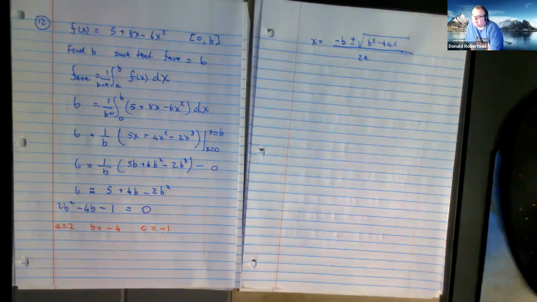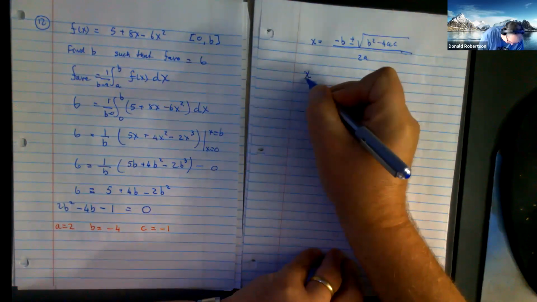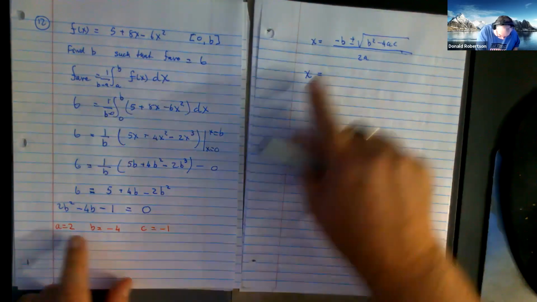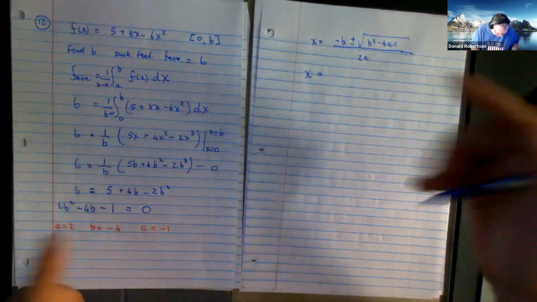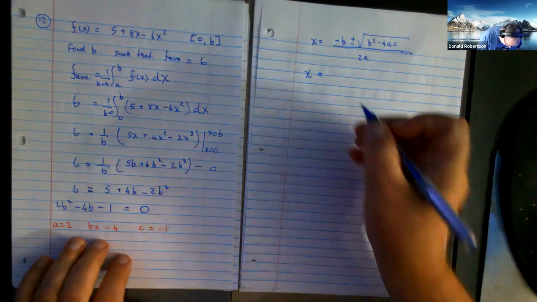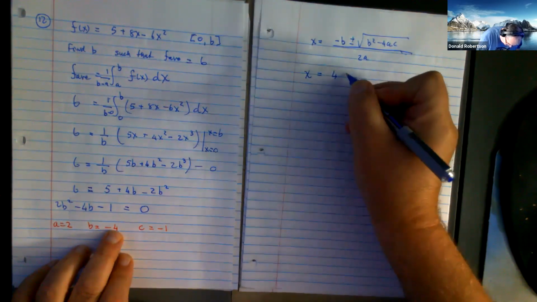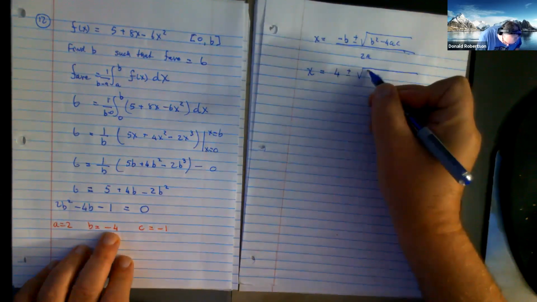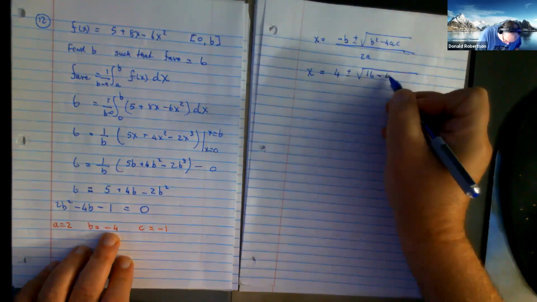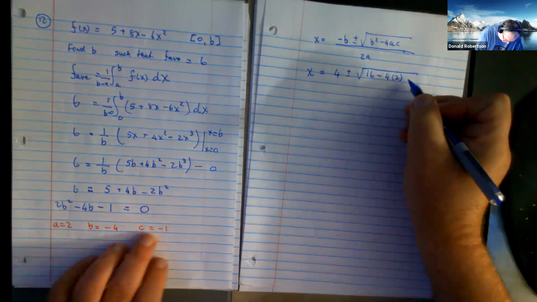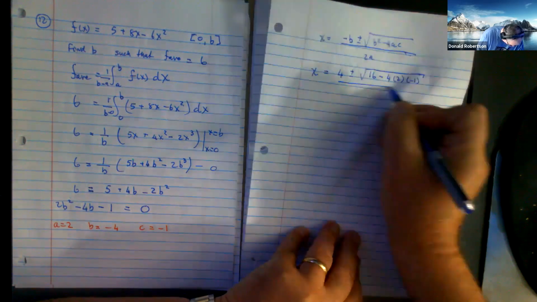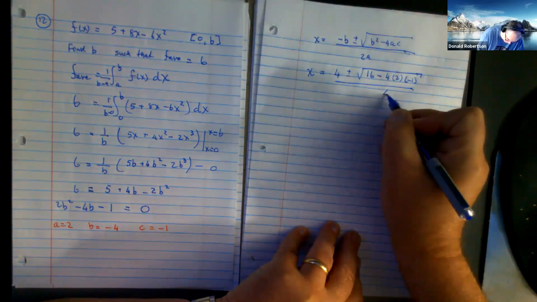Agreed. Right. Now, in this case, I know I'm calling it x, but it's a bit awkward to call it b because there's a b in the formula, so I'll call it x. And what do we have? We have the negative of this guy, which is 4, plus or minus the square root of this guy squared, which is 16, take away 4 times 2 times -1, all over 2 times 2.